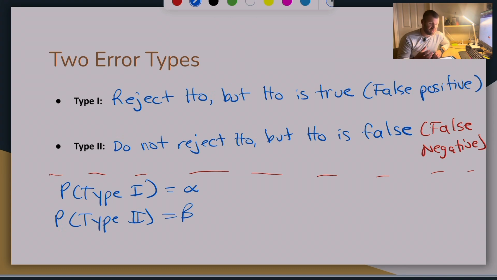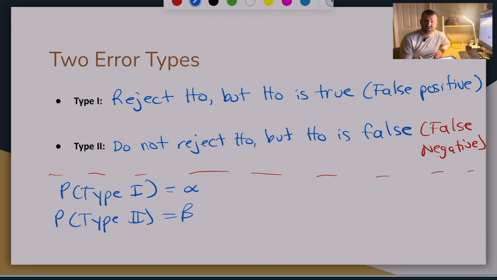And so there's an inverse relationship between the two. As you increase the probability of a type 1, you decrease the probability of a type 2. None of that is good or bad. It's just an understanding that the type of consequence that is going to be worse will affect how you set your significance level.